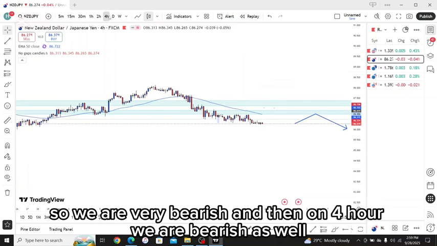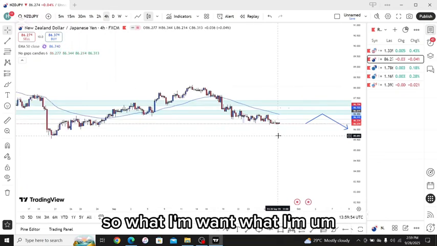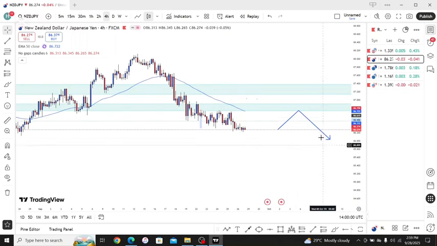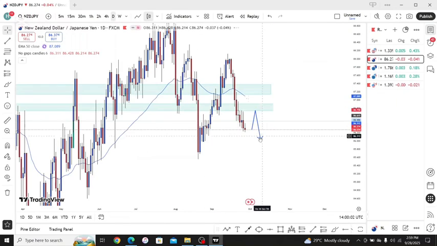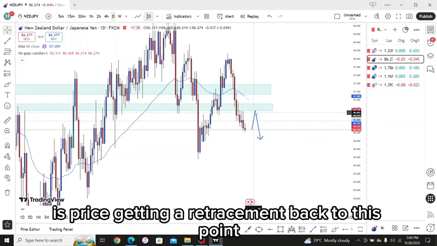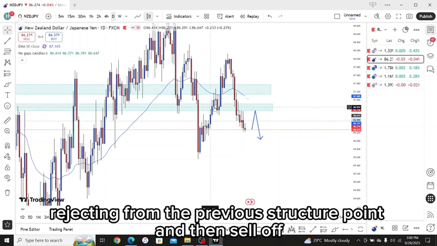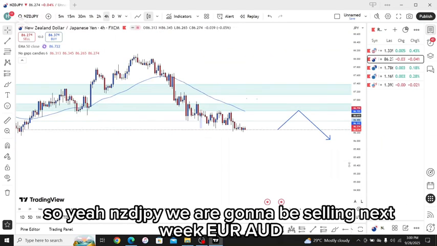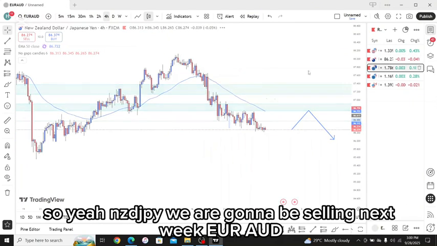And on the 4 hour, we are bearish as well. So what I expect to happen next week is price getting a retracement back to this point, rejecting from the previous structure point, and then selling off. So yeah, NZDJPY, we're going to be selling next week.